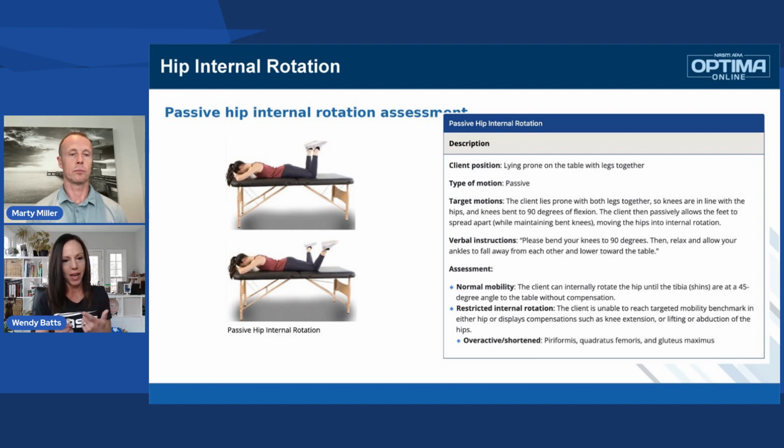Now, how do you measure that? Well, in the previous picture, you saw someone laying on their back. Their leg was at 90 degrees, and then somebody rotated their hip into internal rotation and then had one of these guys, the human protractor, also known as the goniometer. This is something I still use very, very often because I grew up with it. I like it, and it tells me what I need to know.